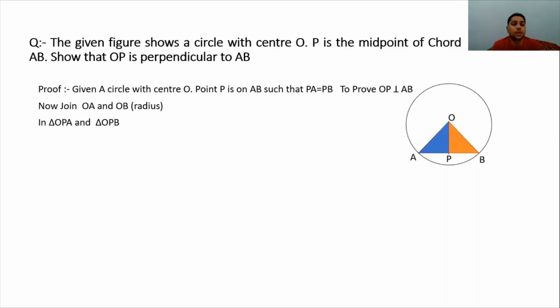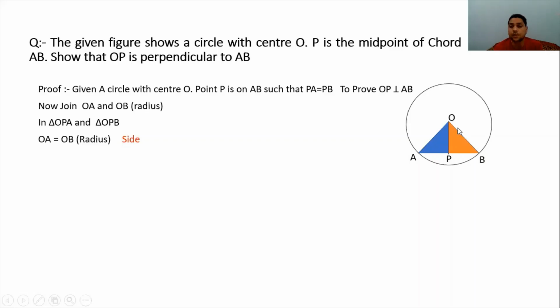Now we'll compare these triangles and prove that they are congruent to each other. First, OA is equal to OB, which is ultimately the radius of the circle.